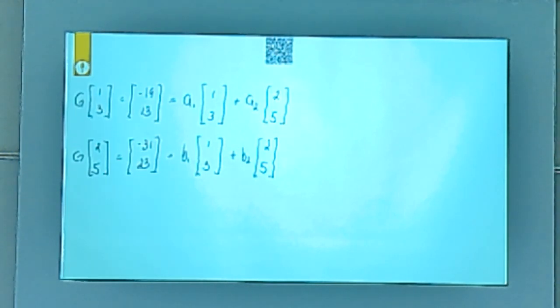Well, how would you solve that first equation? Set up our augmented matrix, right? Then we reduce it.